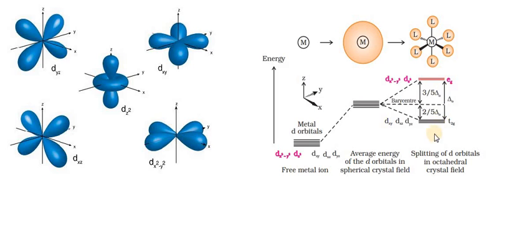Remember, we are just calling these orbitals the t2g set and the eg set. This splitting of degenerate levels due to the presence of ligands in a definite geometry is termed crystal field splitting.